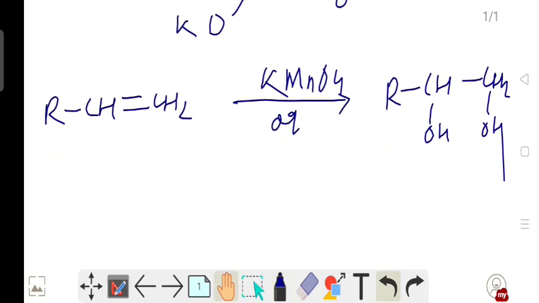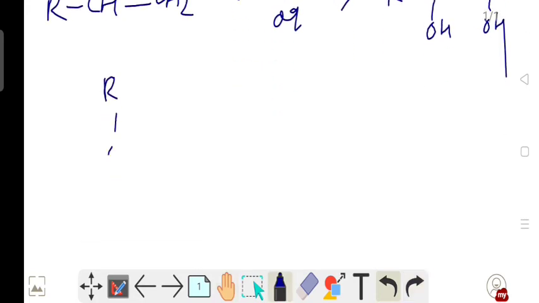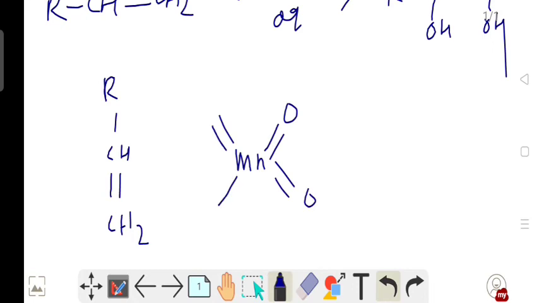So what is the mechanism? It follows a very simple mechanism, just like this. R CH double bond CH2, with potassium permanganate, and it will follow what looks like a butterfly mechanism.